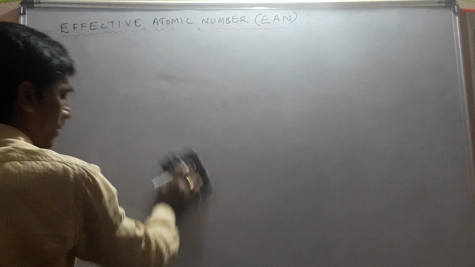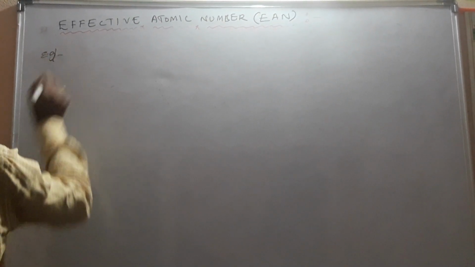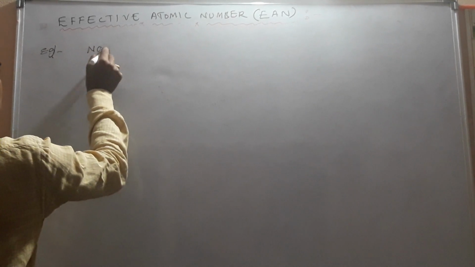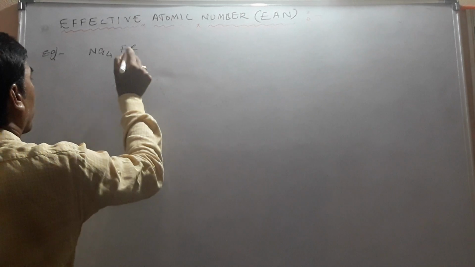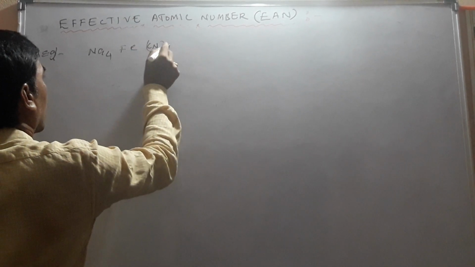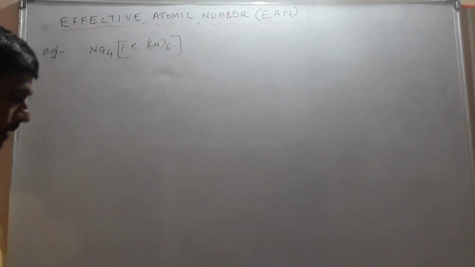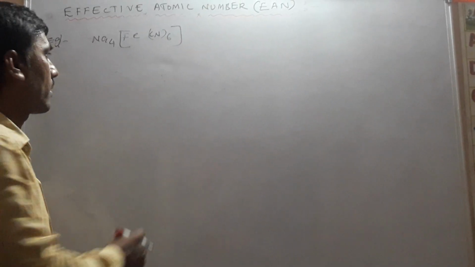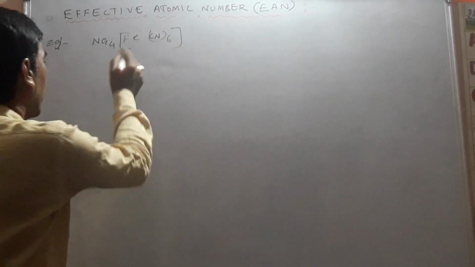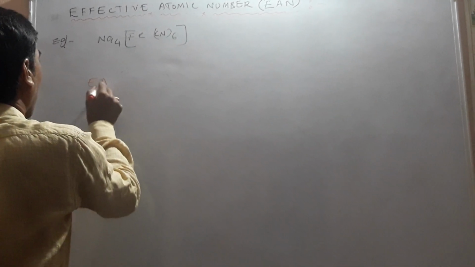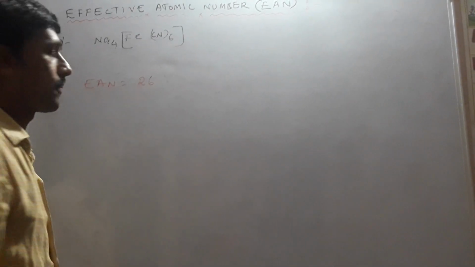Let us see one example: Na4[Fe(CN)6]. In this complex, the atomic number of the iron atom is equal to 26.